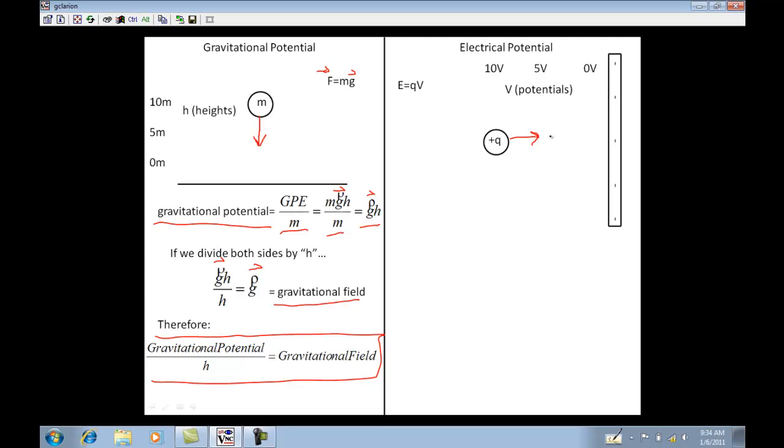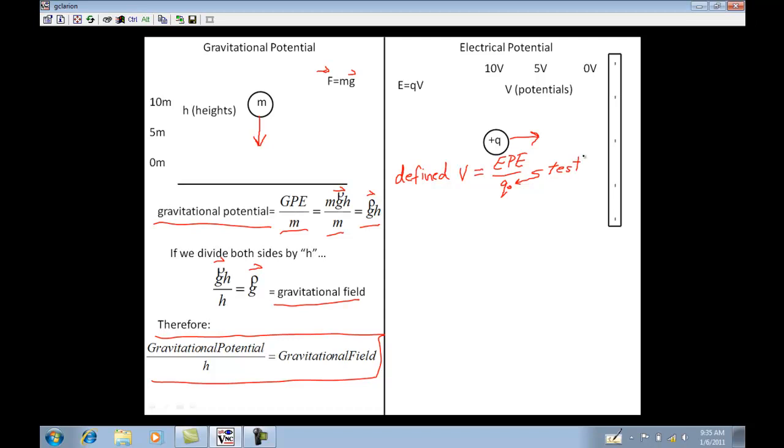And remember how we defined V. We said that V is equal to what? EPE over Q. Good. It's the electrical potential energy per unit charge. And we'll assume that this is a test charge here, so we'll put a little sub-zero there.